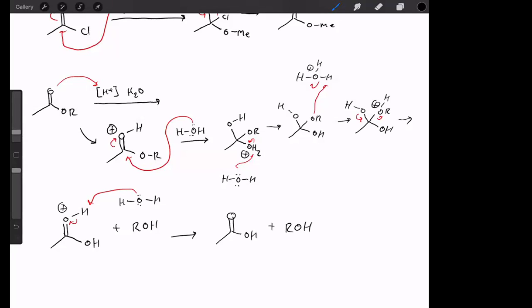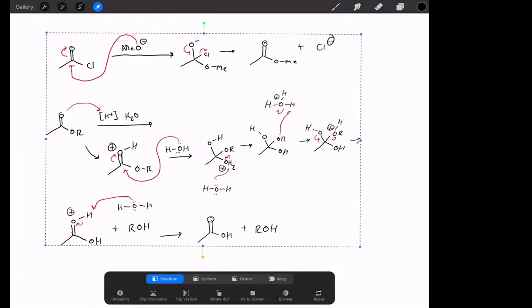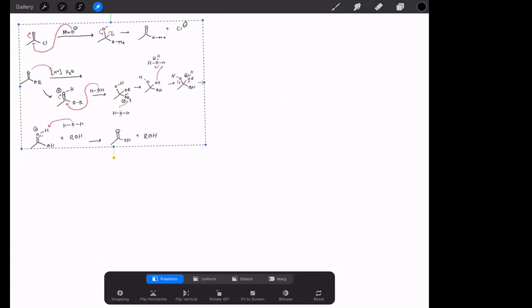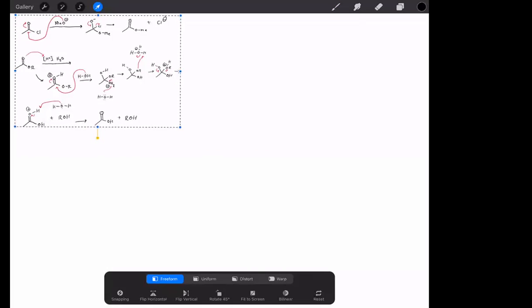We're going to come back to it. It won't be today, but it'll be next week. So we'll see this mechanism again. But what I'm trying to illustrate at this point is that the conditions of the reaction definitely dictate whether or not you need proton transfers. So we started off with an acid chloride and basic conditions.